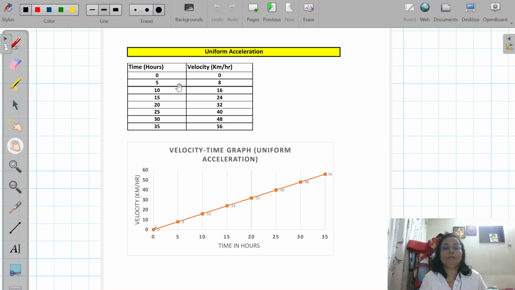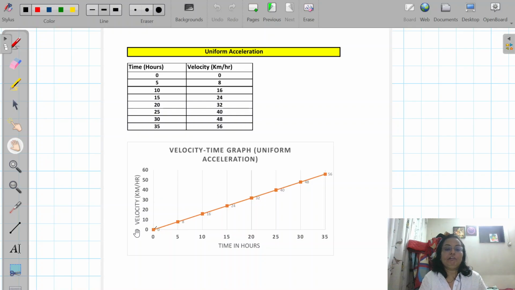So here we have taken the example of a train. The train is moving with increasing velocity. At 5 hours it is moving with 8 km per hour. At 10 hours it is moving with 16 km per hour. At 15 hours it is moving with 24 km per hour. So we find there is an increase of 8 km per hour in every 5 hours.